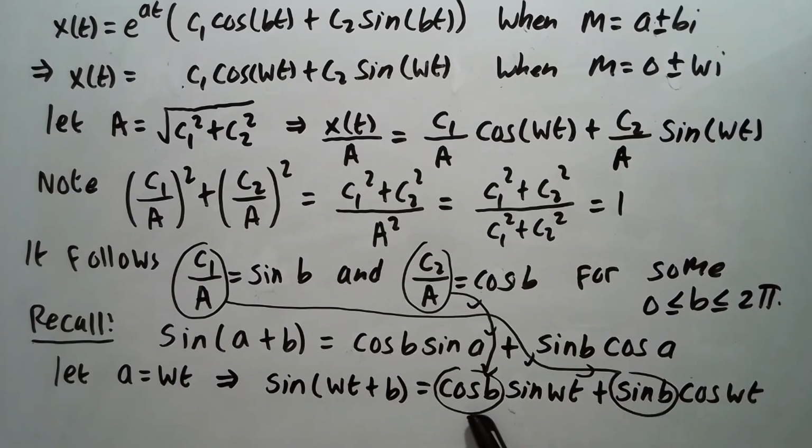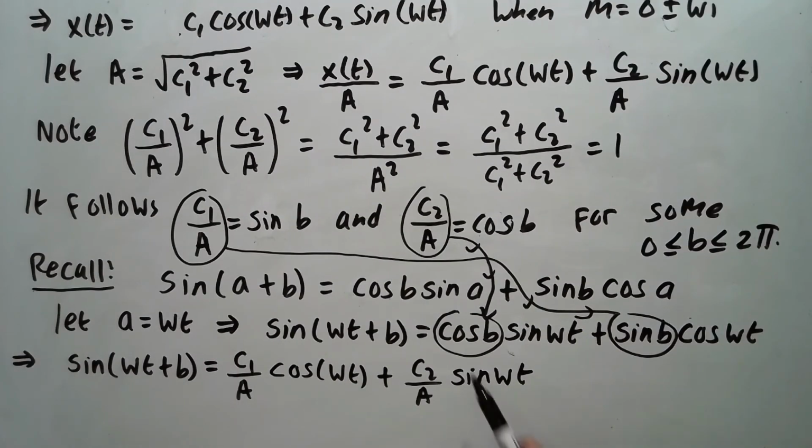But now the cosine of b is the c2 over A, and the sine of b is c1 over A. So making those substitutions, I switch these both around, so I'm going to put this one first. It'll be sine of b, which is c1 over A, cosine of omega t, and cosine of b, which is c2 over A, times sine of omega t.